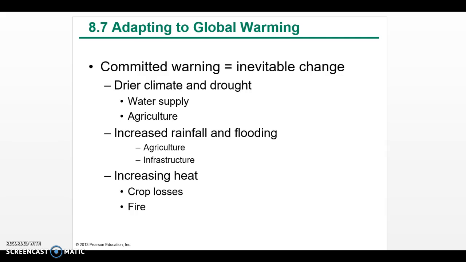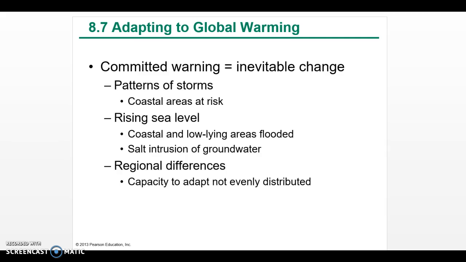We're going to have a lot more droughts, and we're going to have to conserve water. Some areas will increase in flooding, and we're going to have to change infrastructure. Increases in heat are going to happen. We're going to have crop losses, and we're going to have to learn how to farm differently. So these are ways that we can adapt to climate change.